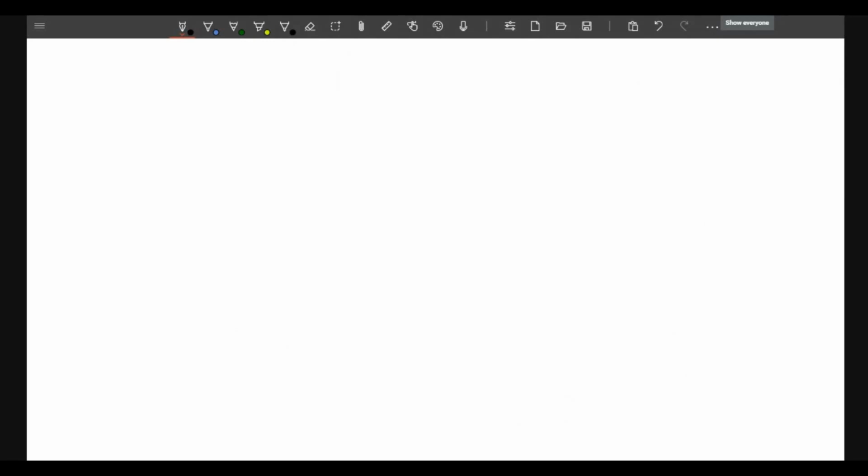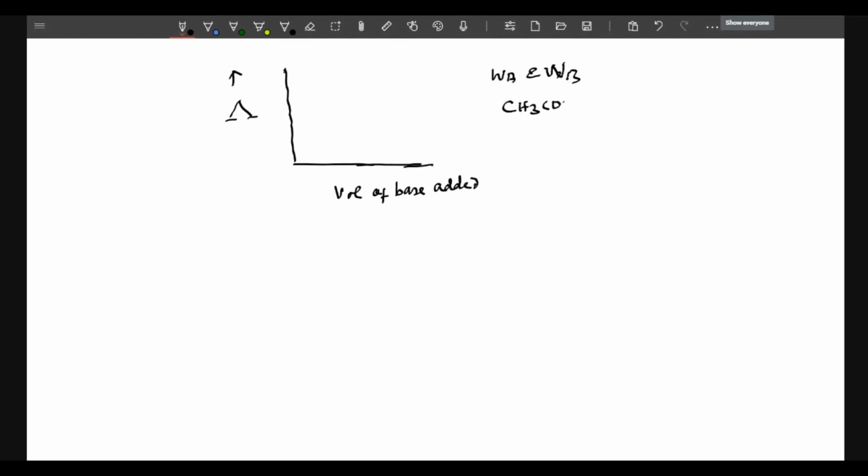Here we will take a weak acid and weak base titration curve, taking the conductance on the y-axis and the volume of base added on the x-axis. Here the acid is acetic acid and the weak base is ammonium hydroxide.